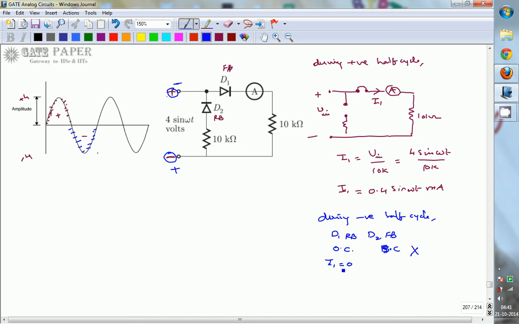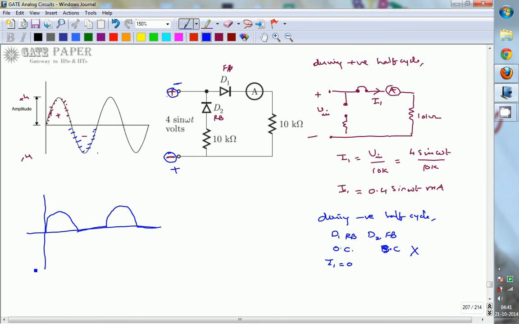So I1 is equal to 0 during the negative half cycle, and some current flows during the positive half cycle. If we repeat it, we get a diagram like this: during the positive half cycle you get a half cycle, and during the negative half cycle nothing.